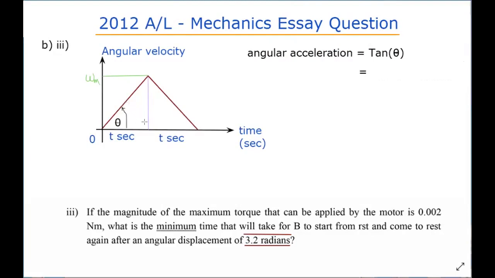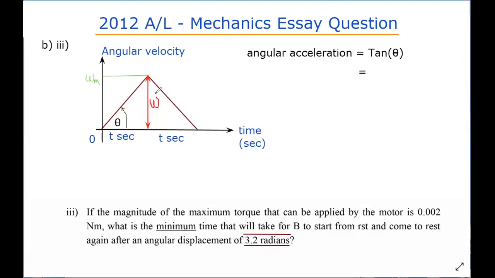What is this height? Omega m. So I have marked that height as omega m, for maximum. That is the maximum velocity obtained.